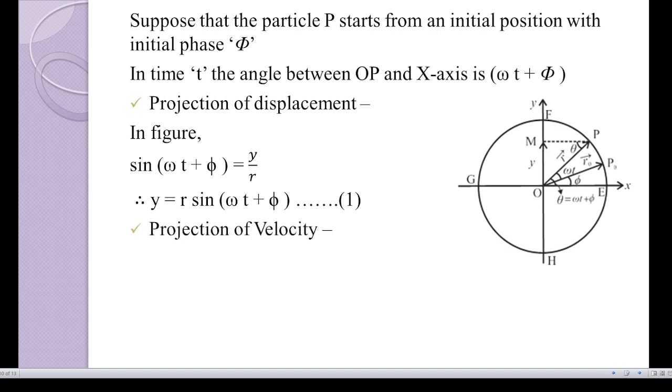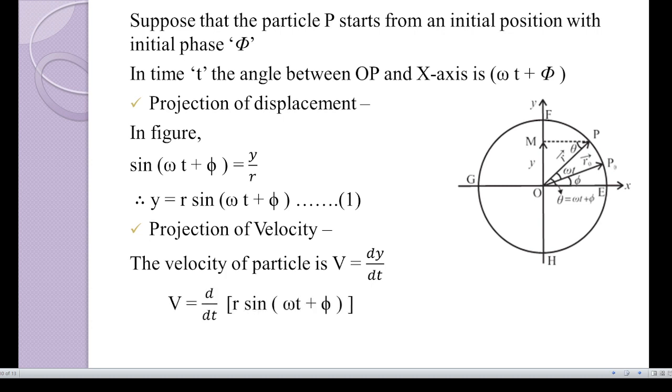Now, this is the displacement. The projection of the velocity: we know that velocity is equal to the rate of change of displacement with respect to time. Therefore, we can write v is equal to dy divided by dt. v is equal to d by dt of r sin omega t plus phi. Therefore, v is equal to r omega cos omega t plus phi. This is equation number 2.